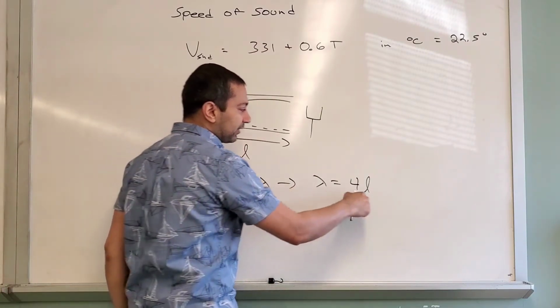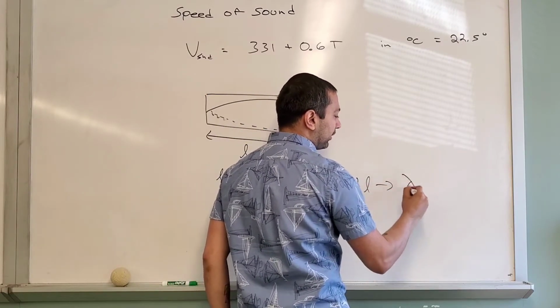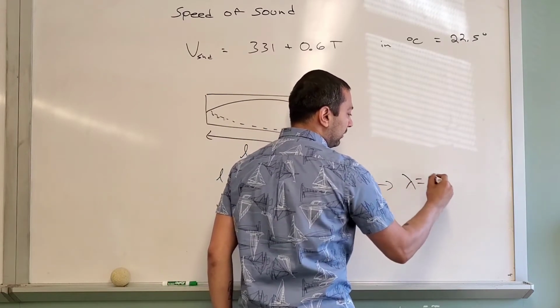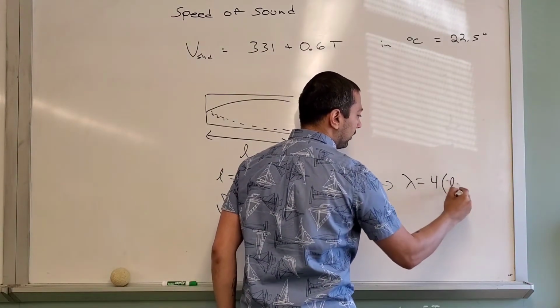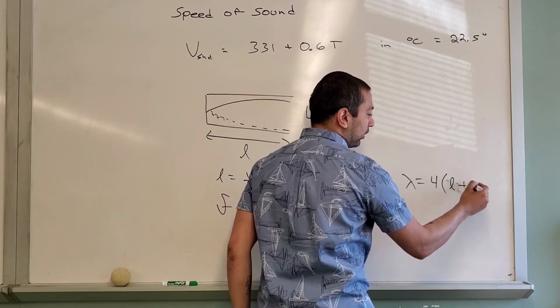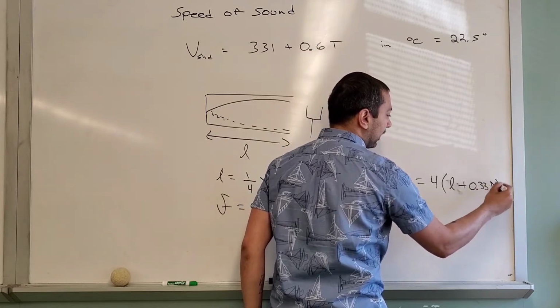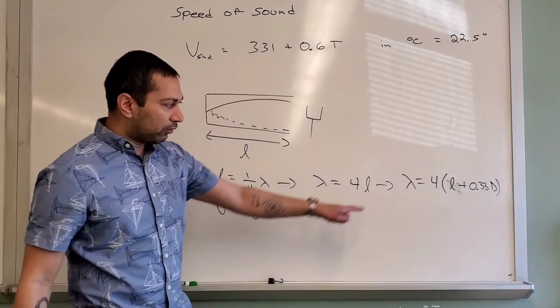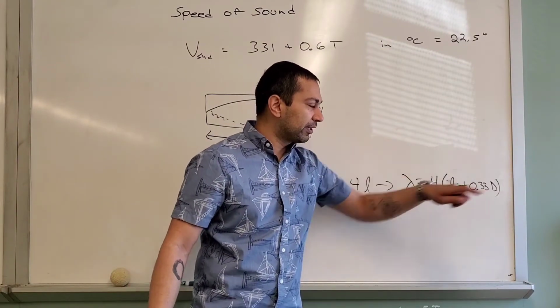Instead of using this as our wavelength, what we're going to use is lambda equaling 4 times L, just like before. Oops, I'll write it as lowercase l. But we're going to add a correction factor, which is going to be 0.33 times capital D. So our actual wavelength with the correction will use 0.33.